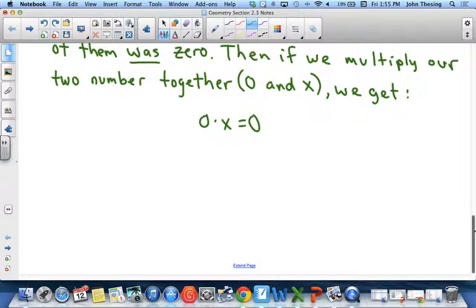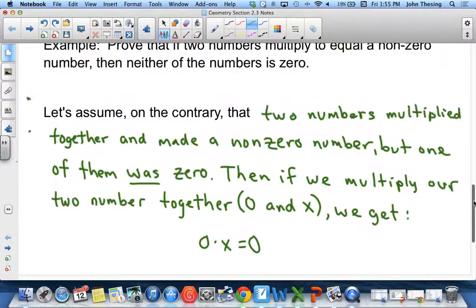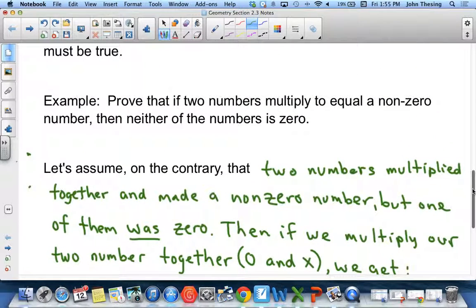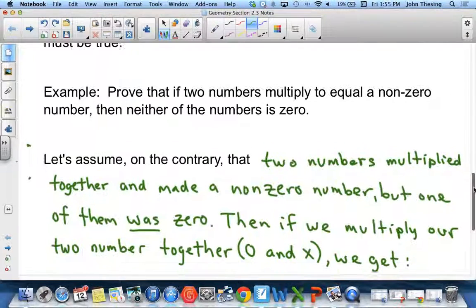The original statement we're trying to prove is: if two numbers multiplied equal a non-zero number, then neither of those numbers is 0. So we assumed that's false for a second, and we're going to show that this logic leads to a contradiction, something that doesn't make sense. As long as the conclusion doesn't make sense, then we know the original statement must be true.